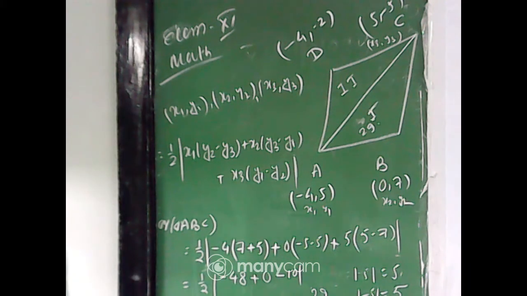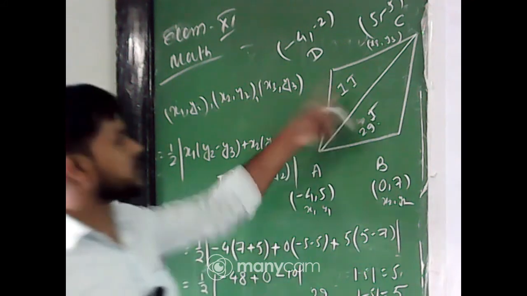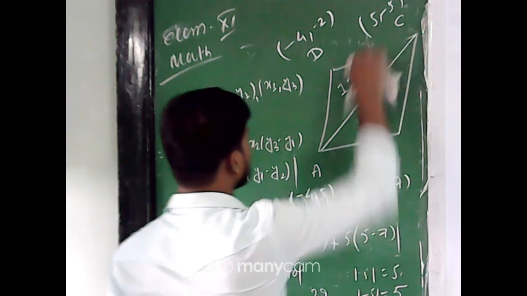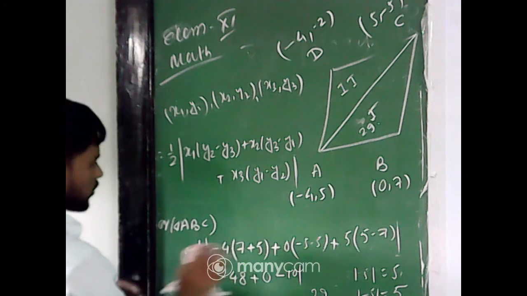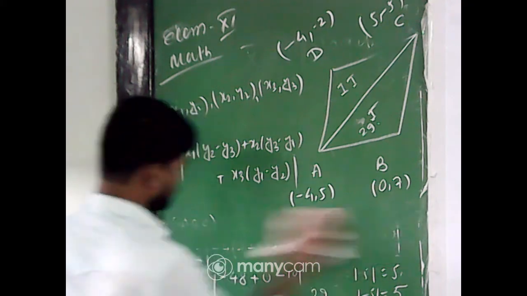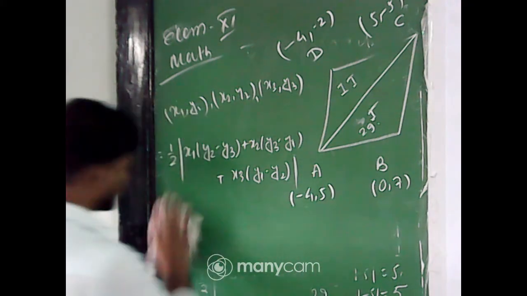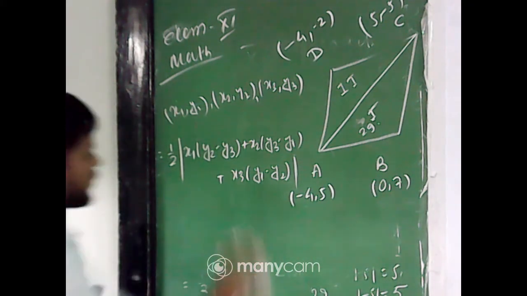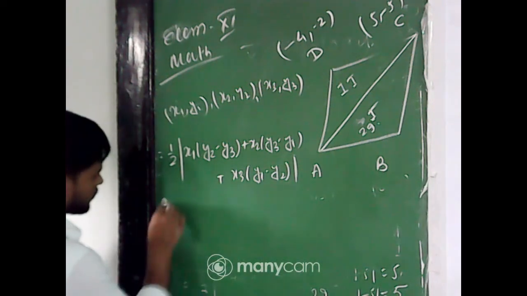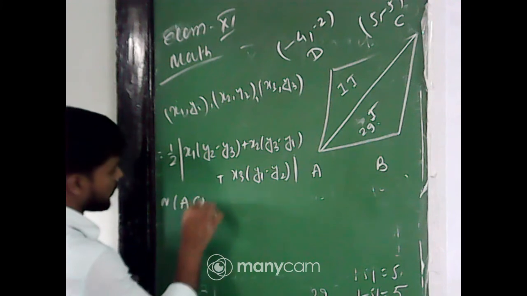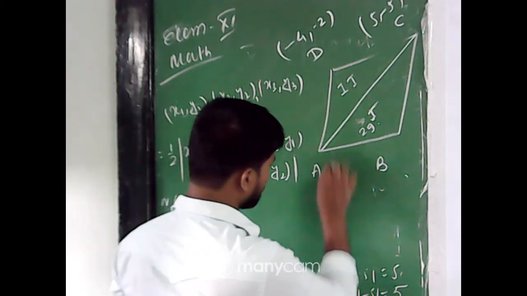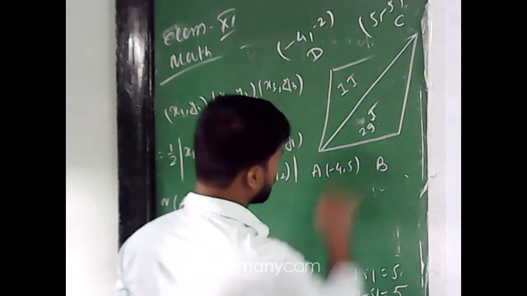In a similar way, we have to find the area of the second triangle. So let's find out the area of the second triangle. I am just rubbing this portion. Now area of the triangle ACD is equal to, now look, this point was minus 4 comma 5, isn't it?